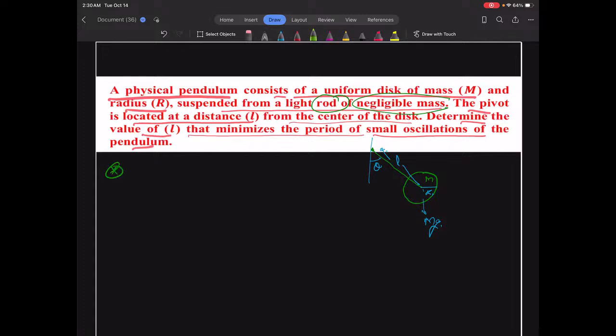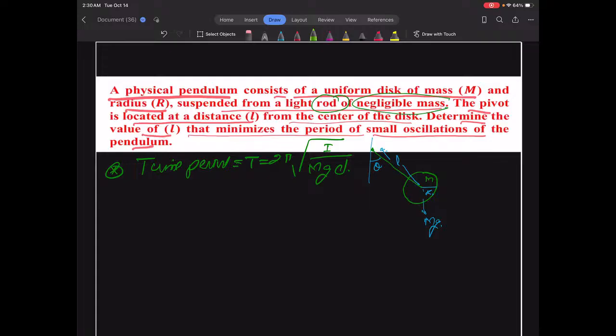So we can say that time period T is equal to 2 pi square root of I divided by M g d. Here M is the total mass of the system, d is the distance of the center of mass from the pivot point, and I is the total moment of inertia of the system. Okay, so these are not going to change.